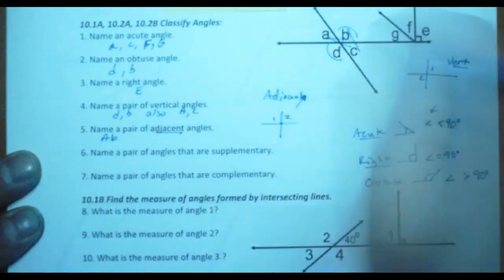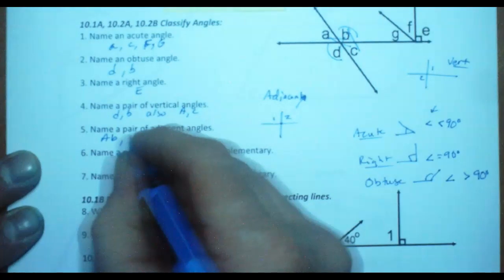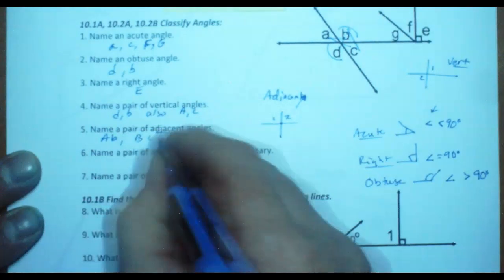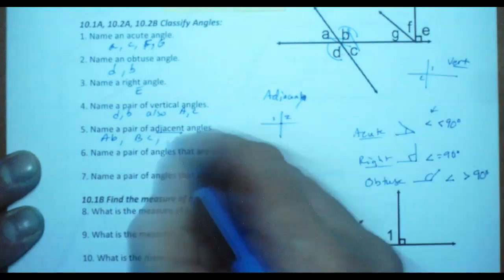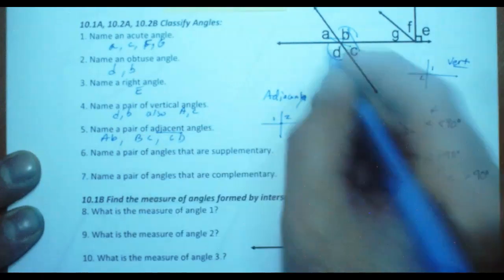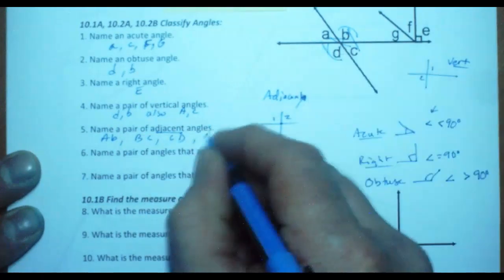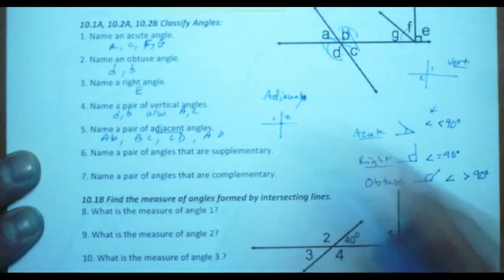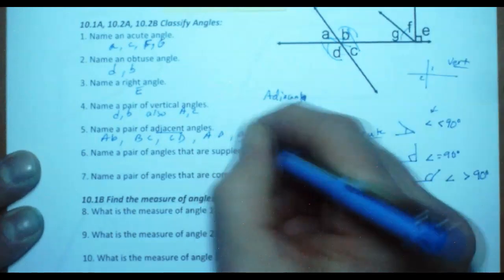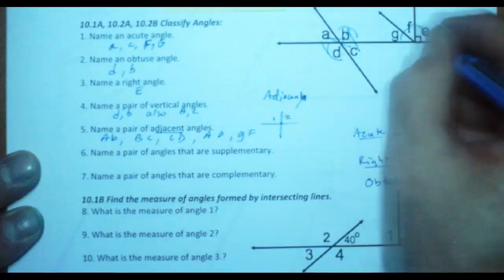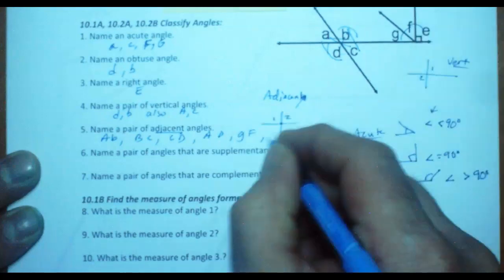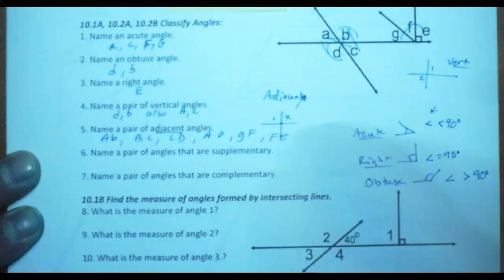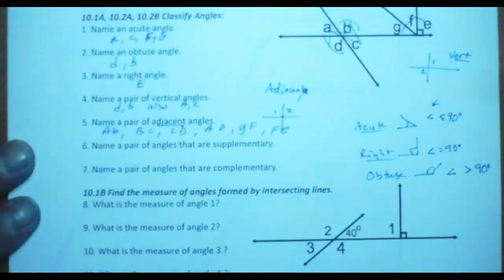B and C are adjacent. C and D, and A and D. Those are all. Now you can also talk about these two. G and F are certainly adjacent. F and E are adjacent. So there's all kinds of them. And they just wanted one pair, and I gave them all to you.